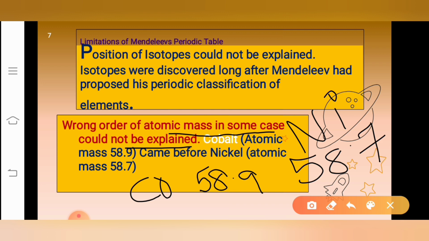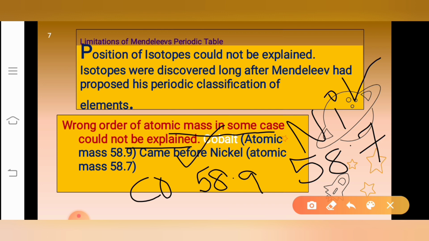So these have to be arranged in increasing order, but Mendeleev arranged the cobalt first and the nickel next. I mean, it is a wrong order of arrangement of atomic masses. I repeat, the wrong order of atomic masses is seen and that could not be explained.